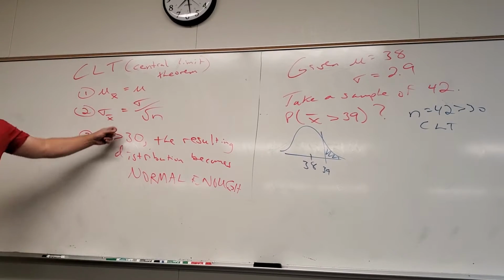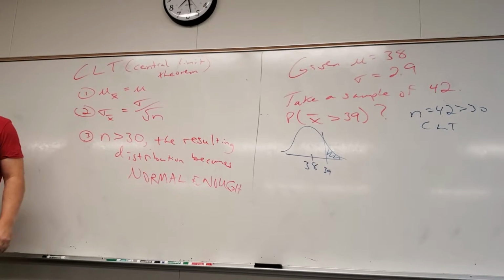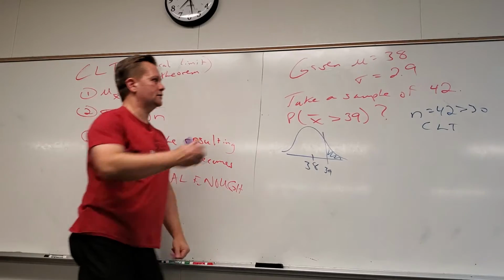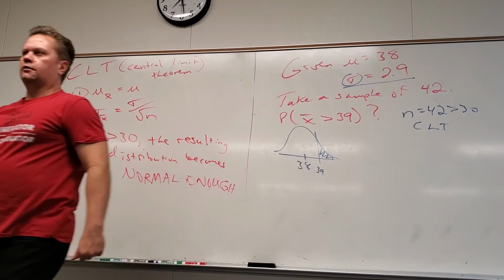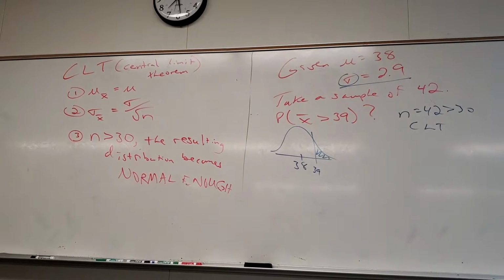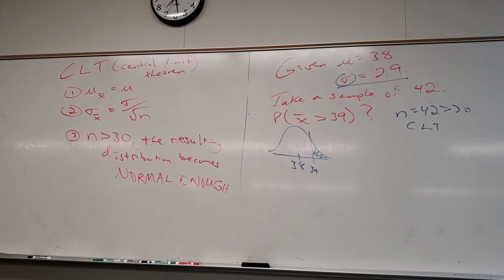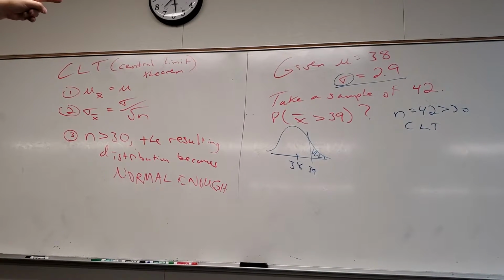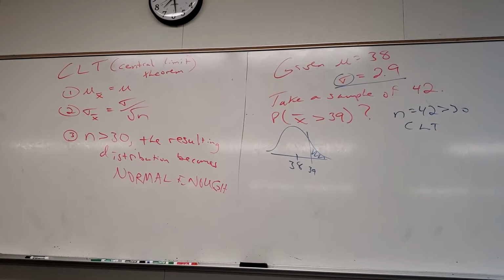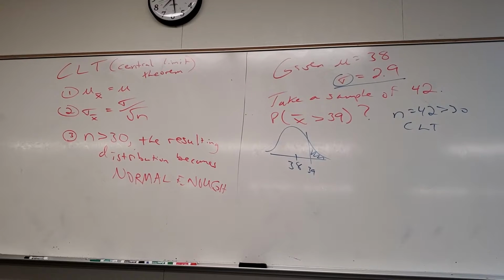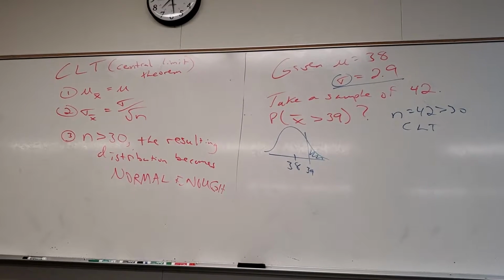So here's how this works. This number right here is the spread of individuals. So if I had a question about an individual, that number makes sense. I can use that number. Is my question about an individual? No. What's my question about?